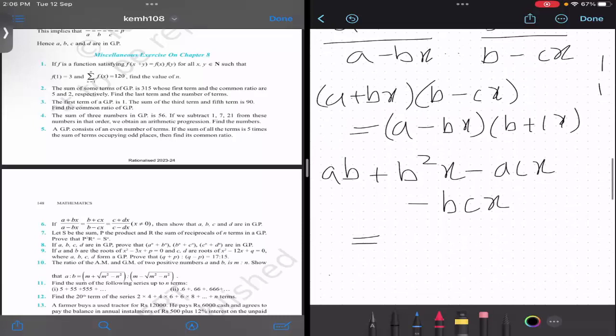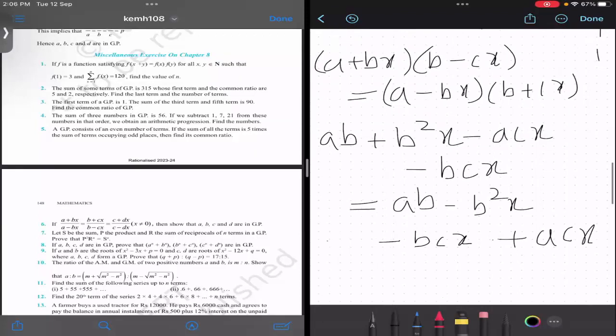On the RHS, you would have AB minus B square x minus BCx plus ACx. And yeah, this is going to be our equation when you take the first two terms.